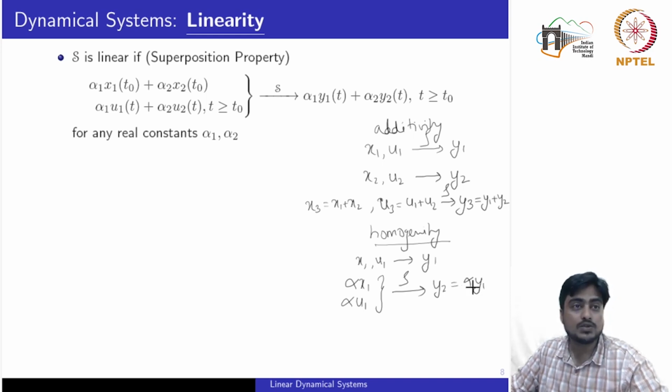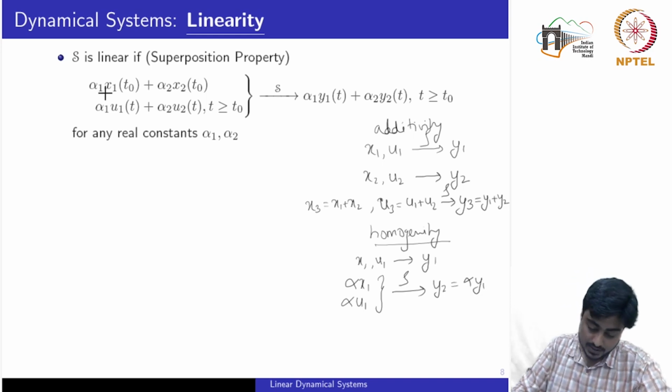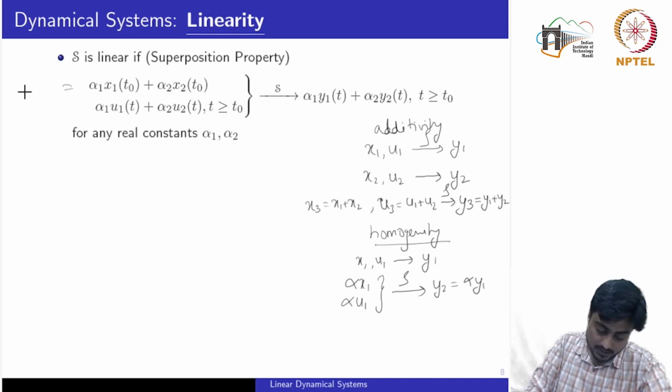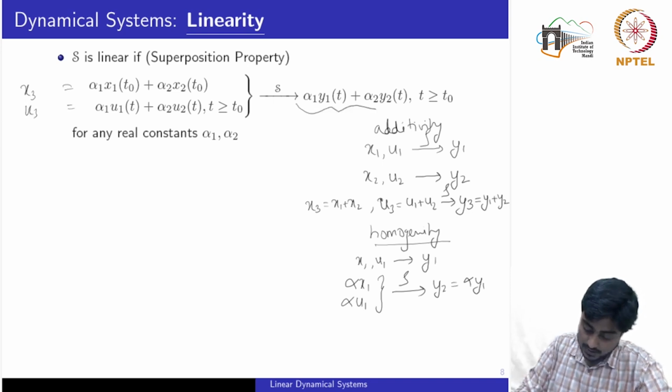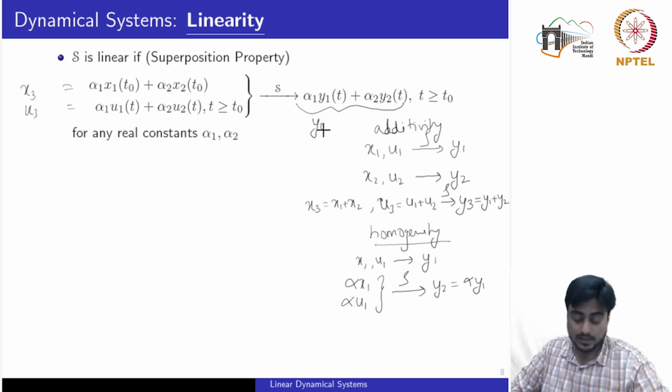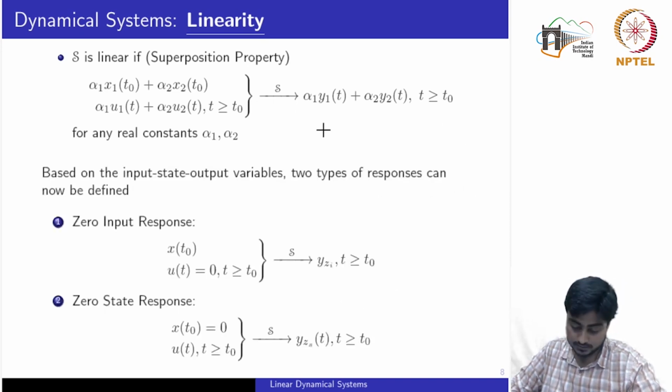Now we combine these two properties, it gives us this definition. For any real constants alpha 1 and alpha 2, if we take the state vector as x3 and the input signal as u3, then this is the output we would obtain as y3. If the system does not satisfy this property, we say that the system is nonlinear.